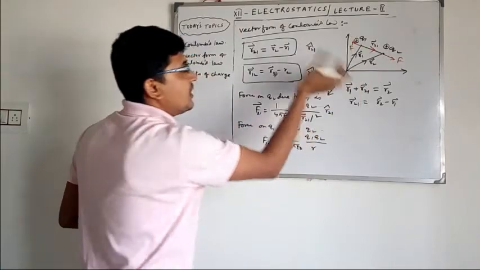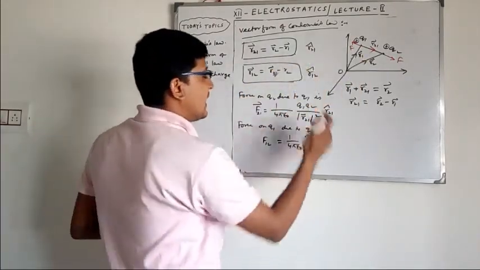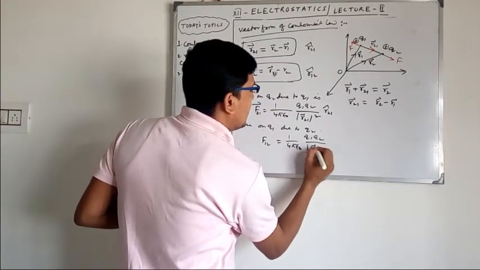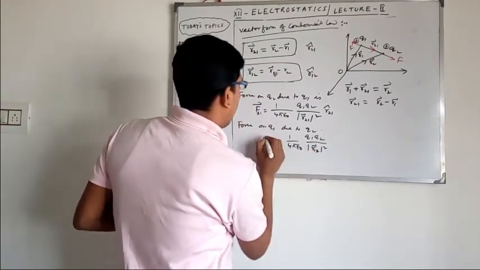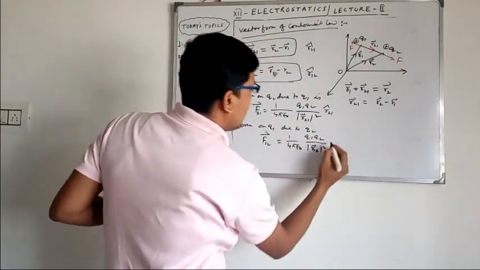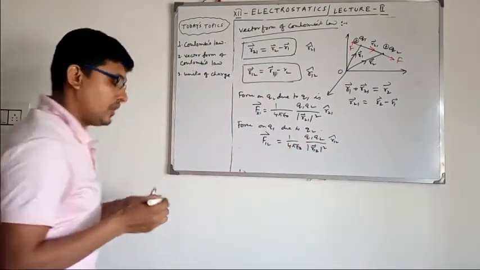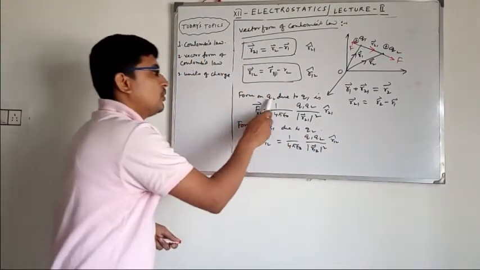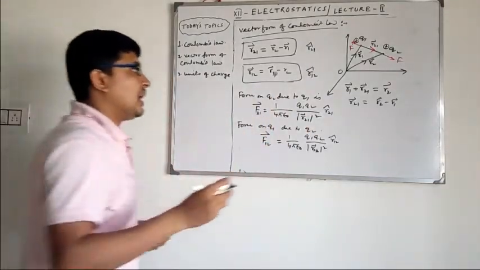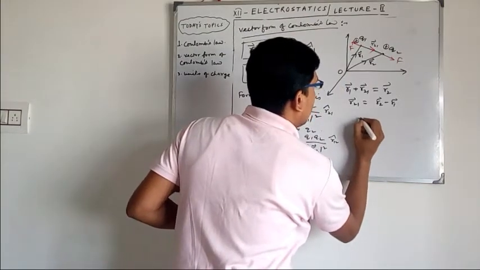Now what will be the distance? The magnitude of the distance will be the same but the direction will be different. That means R12 squared, and we also have to give its direction, in this direction. So R12 cap. So these are the unit vectors, that means force on Q1 due to Q2 as force on Q2 due to Q1. And now we are seeing the distance, magnitude of the distance is same.